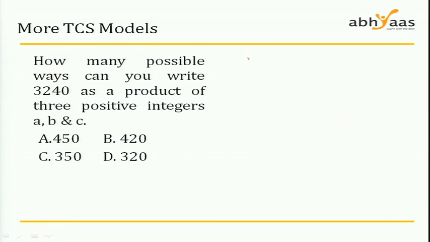Now, in simple terms, they are asking you, there is 3240 which gives you 2 cube into 3 power 4 into 5. Now, they are asking you 2 cube, here 3 2's are distributed among A, B and C such that each can get any number of objects.